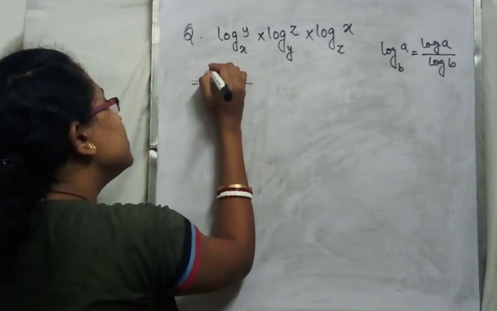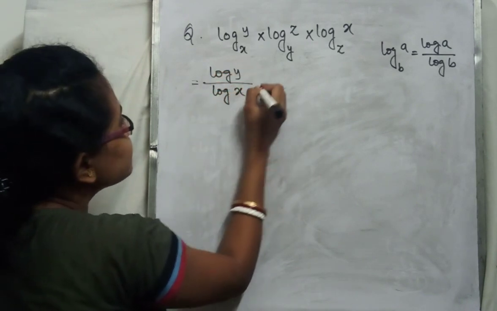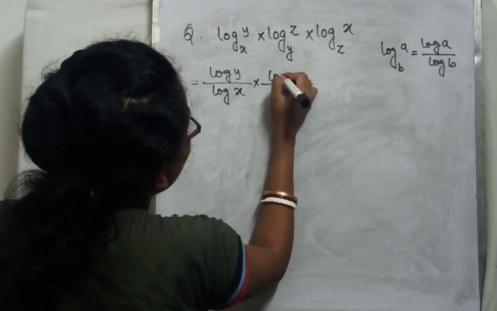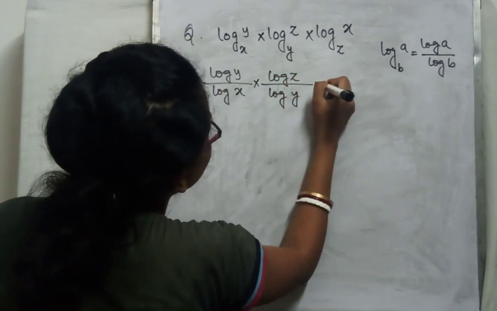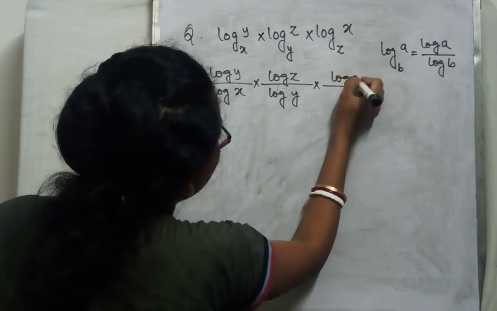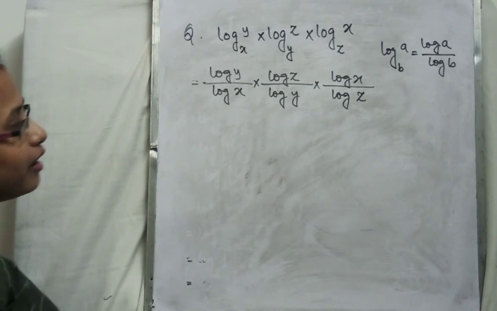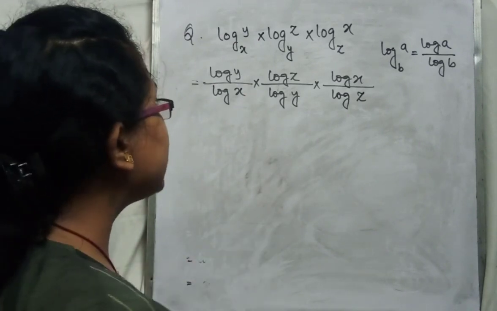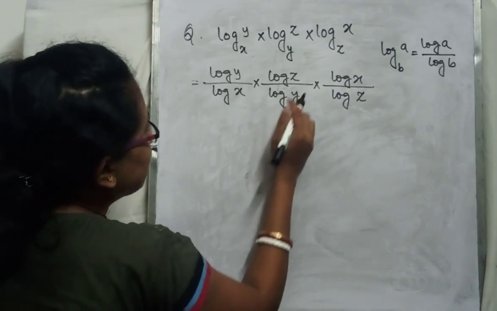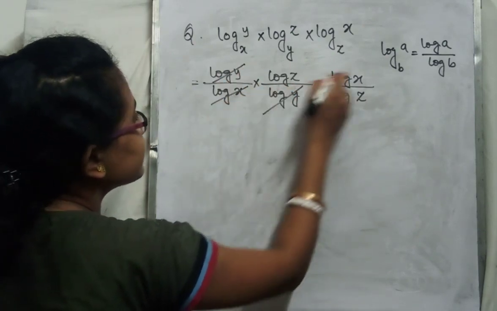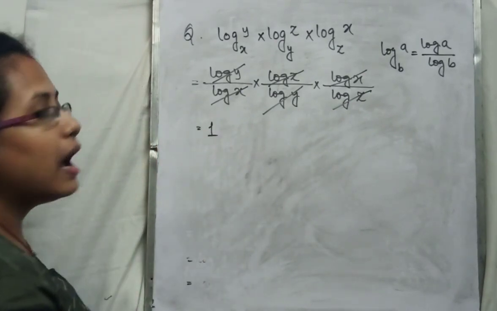So you can write here log y by log x into log z by log y into log x by log z. Here we can cut the same thing, upper and lower: log y, log x, log z, and it will give us 1.